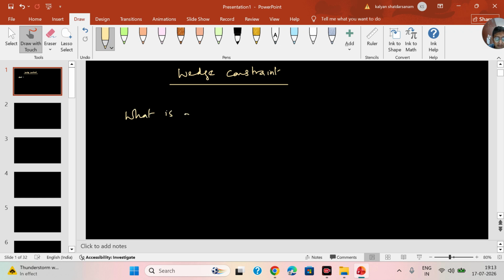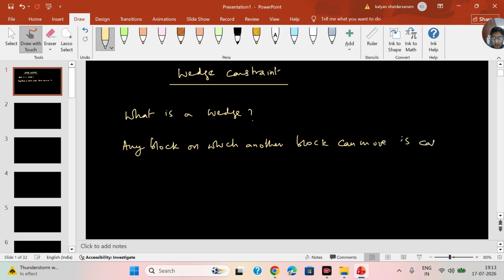What is a wedge? Any block on which another block can move is called a wedge.